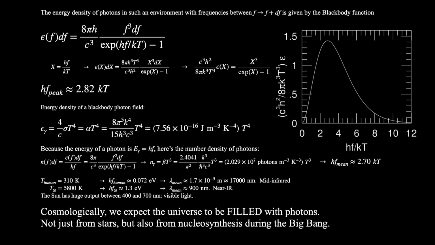You're an infrared radiator. And so when somebody comes up to you and says, oh, you're warm, that's because you're radiating a lot of mid-infrared photons. Now compare that to the sun. The surface of the sun is 5,800 Kelvin. The average solar photospheric photon is about 1.3 electron volts, which has a wavelength of approximately 900 nanometers, and that's in the near infrared. Wait a second, we can see the sun.